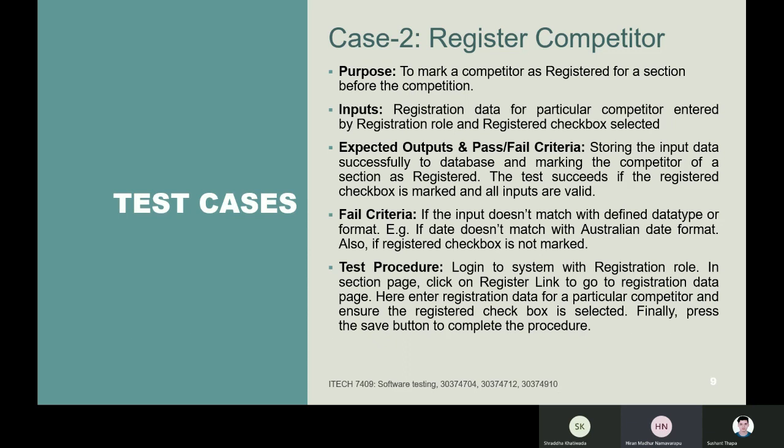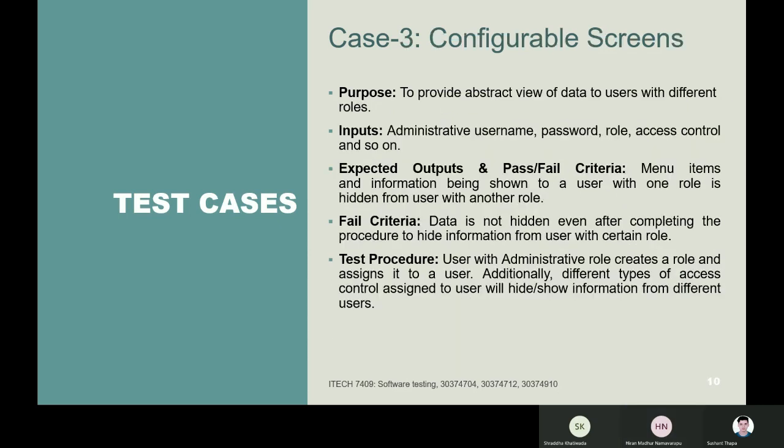Let's move to the next test case, configurable screens. Here the main purpose is to provide an abstract view to the user depending on their different screens. The input here can be the username, password, and the role access control.